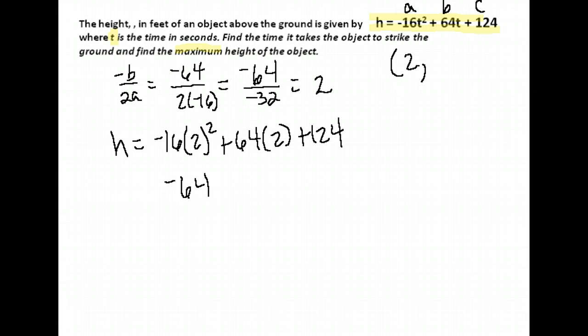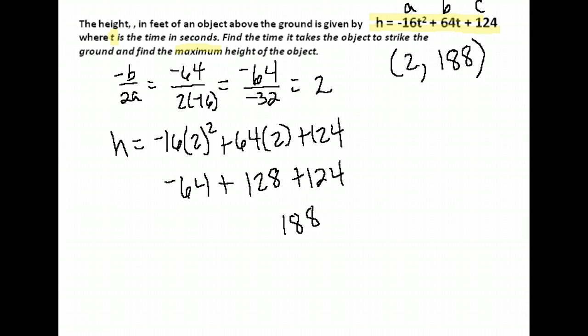So you get negative 64 plus 64 times 2 is 128 plus 124, and we get 188. So our vertex is at 2 and 188, which means after 2 seconds, we reach a height of 188.